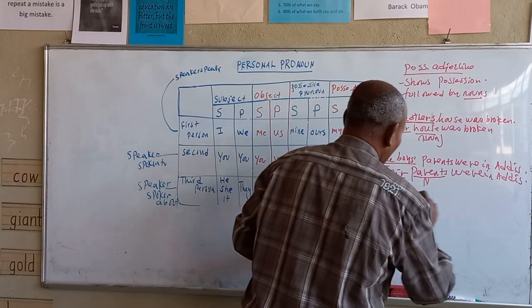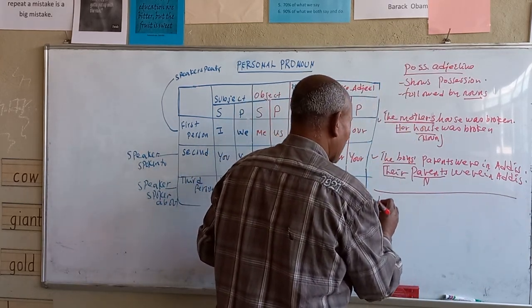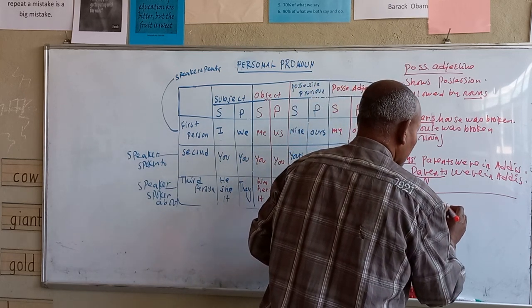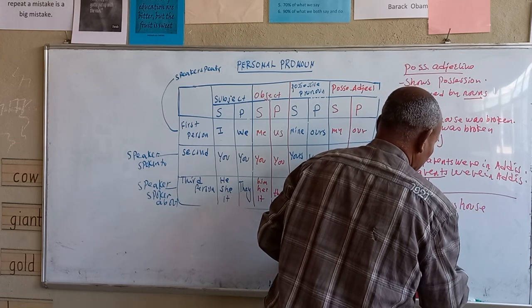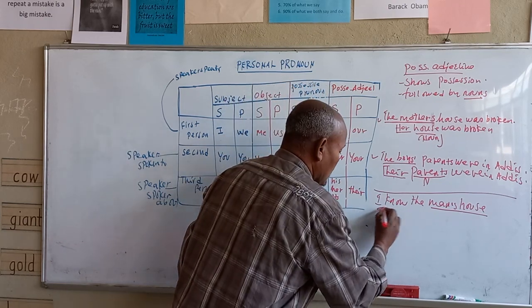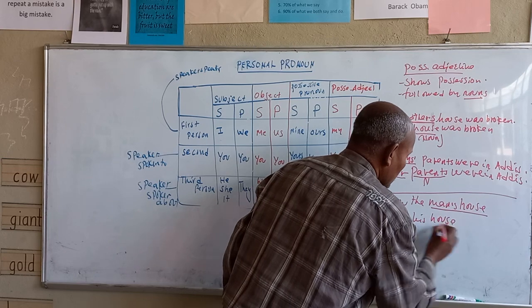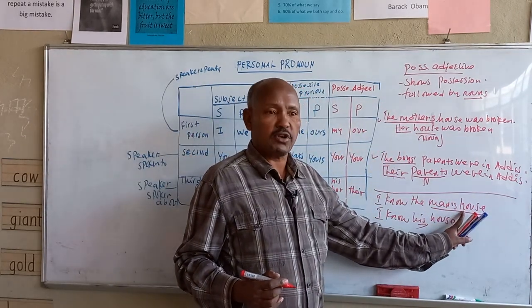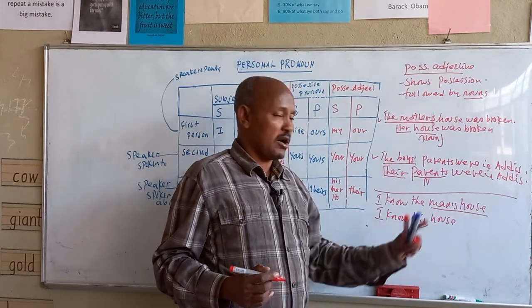Let me give you one example here. Look here. I know the man's house. I want to substitute this with what? I know his house, because this is singular possession. It can be substituted with his. So, I know his house.